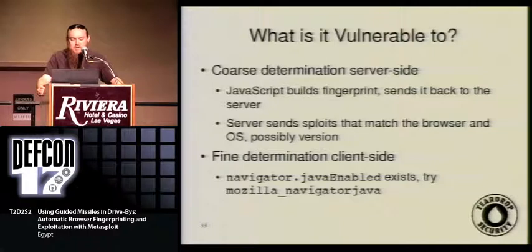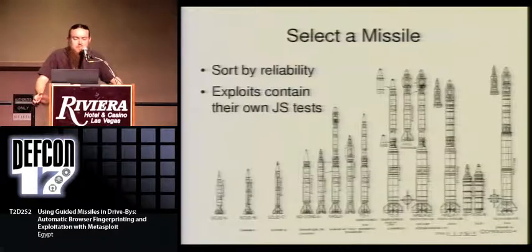You just make sure that Java is enabled, and then go ahead and try the exploit. If it's not enabled, then don't bother. You don't want to do a heap spray for no reason. So now we've sorted all of this stuff. We know what the client is, and we can try to pick out a missile.